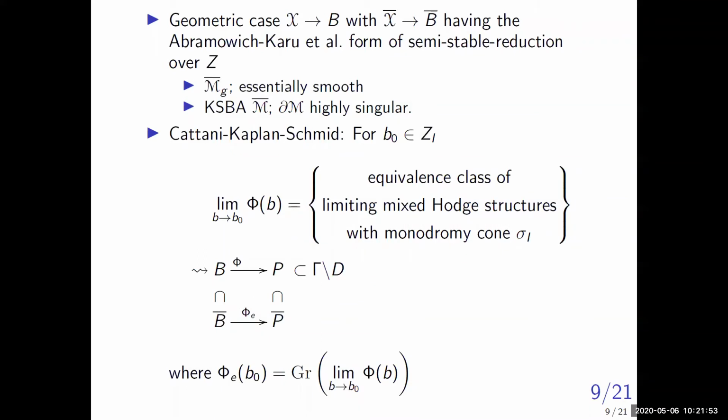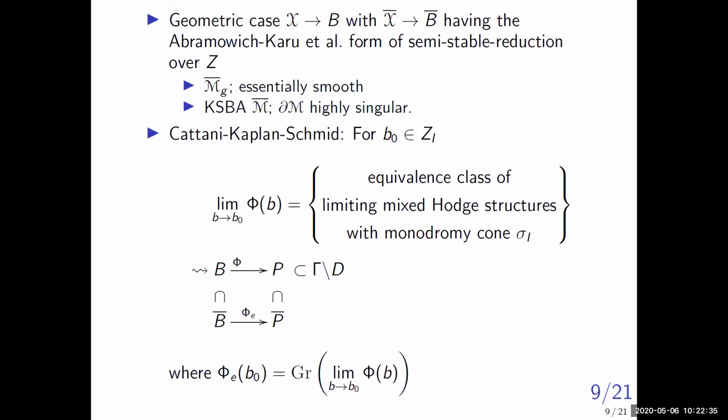Two limiting mixed Hodge structures are said to be equivalent if the two Fs, the two Hodge filtrations, differ by the exponential of some complex multiple of N. Okay. So you're essentially factoring by the one parameter group generated by the exponential of the logarithm of monodromy.